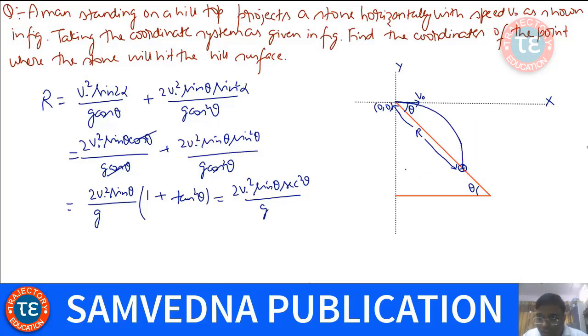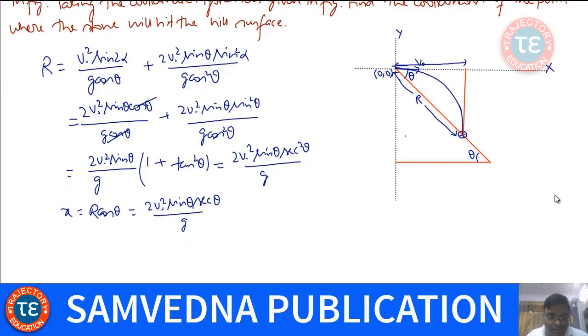The x coordinate is going to be, just take this distance, and this distance will be R cos theta, that will be 2 v0 square sin theta sec theta by g, which is same as 2 v0 square tan theta by g.